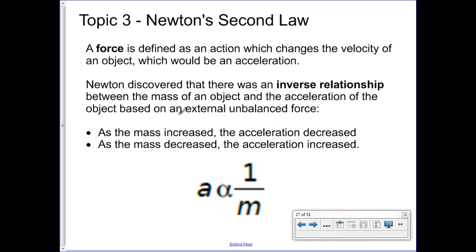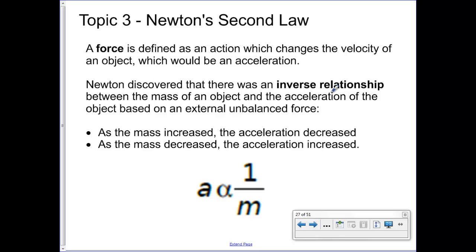So here's his idea. There's an inverse relationship between the mass of an object and the acceleration of the object. I hope that kind of makes sense. Imagine that I'm trying to push something light across the desk. I can accelerate it, it's not that hard. But what happens if I'm trying to push all four of these things across the desk?